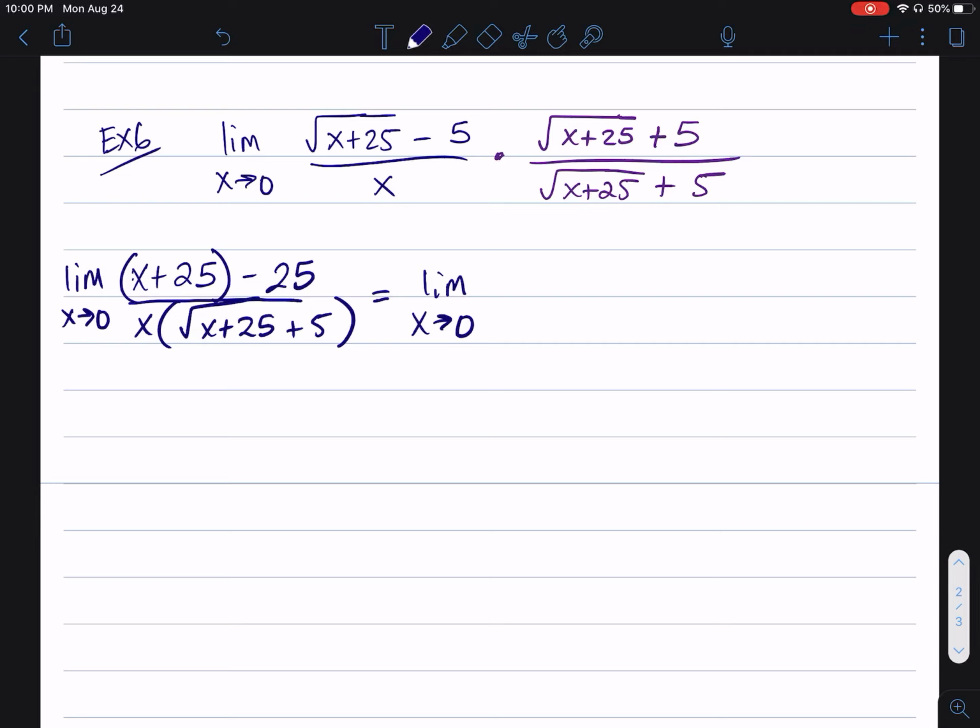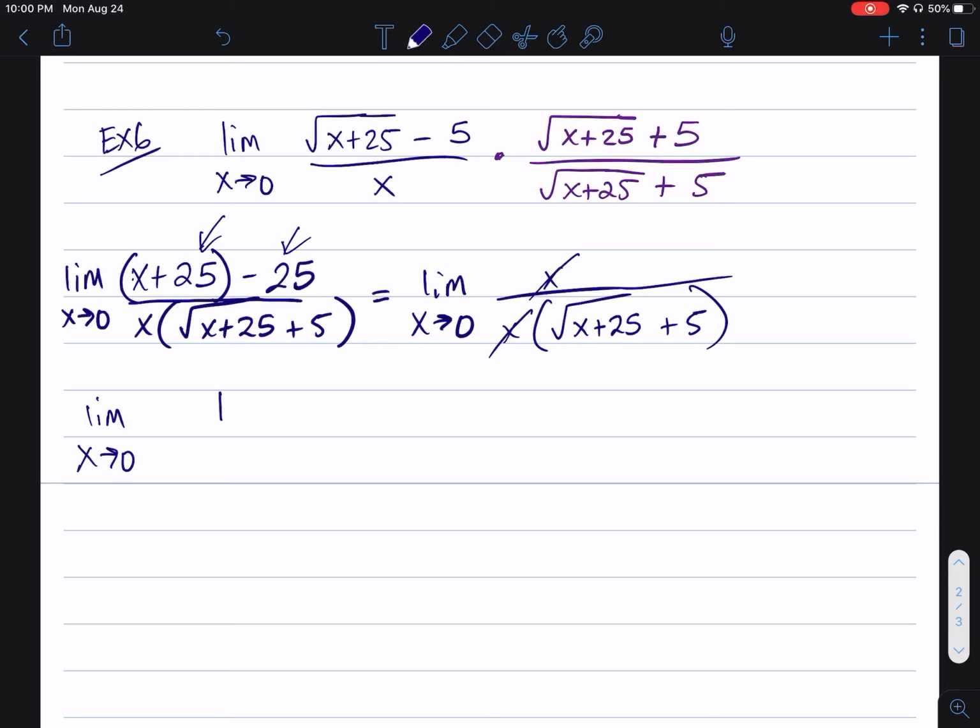Then if we simplify the top, we have this plus 25 and a minus 25, so we're going to get x over, so my x's are going to cancel, and I'm going to get 1 over the square root of x plus 25 plus 5.